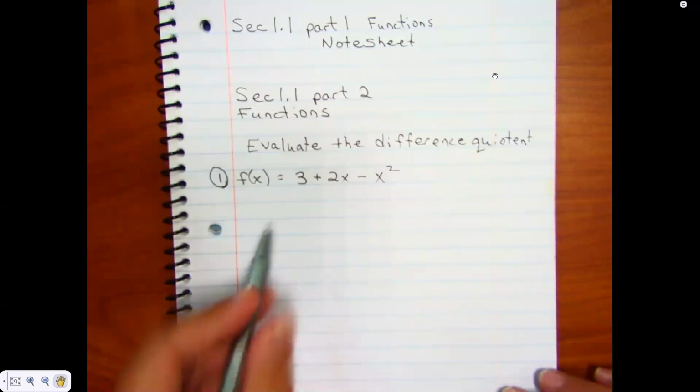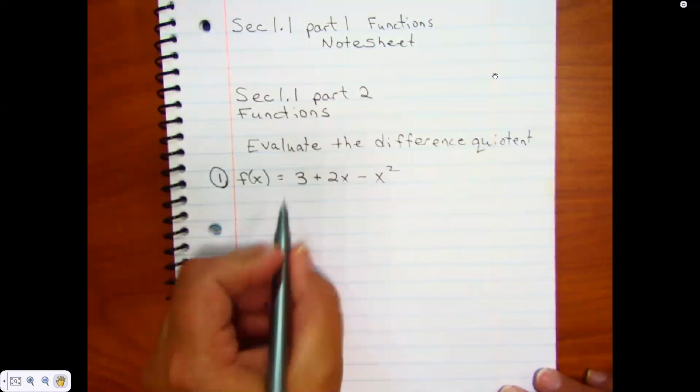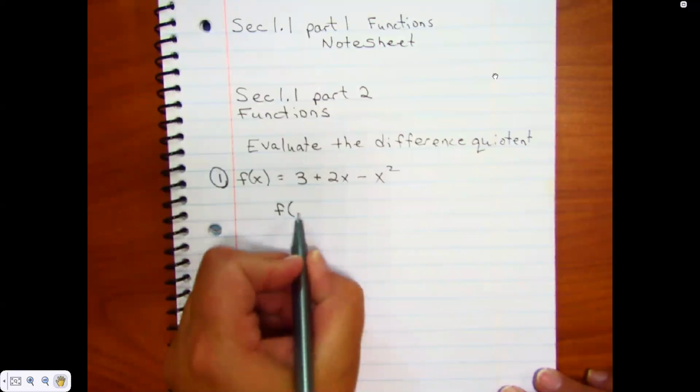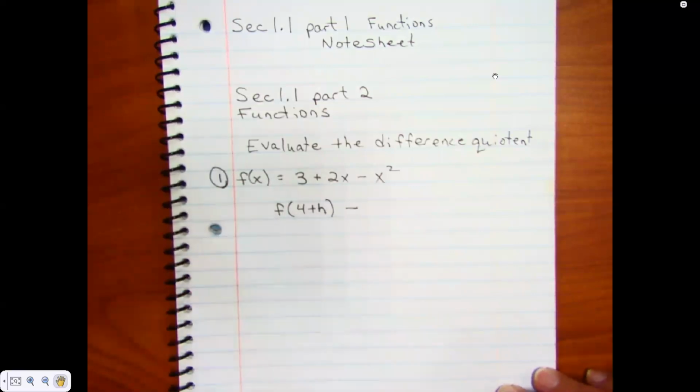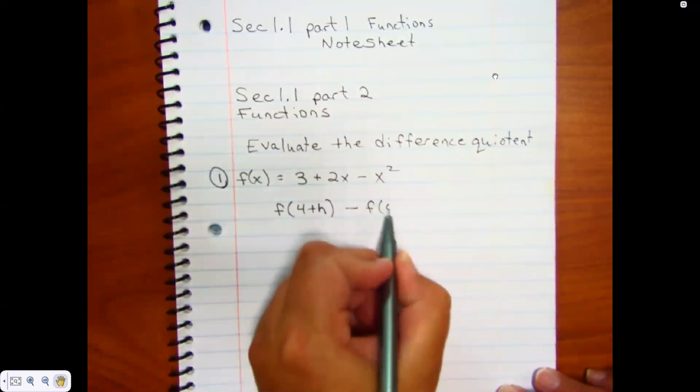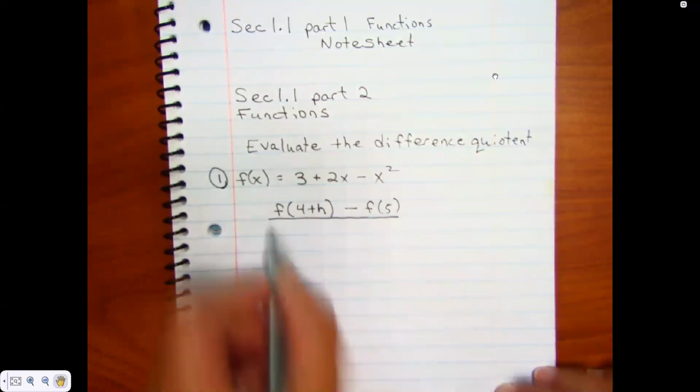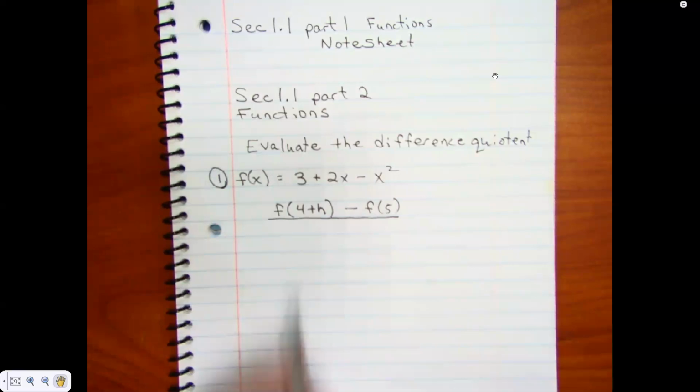And here's our difference quotient that they want us to look at. f of 4 plus h minus, there's our difference, f of 5 divided by, that's our quotient, divided by h. So we just have to evaluate that. So this is kind of the end of Friday.